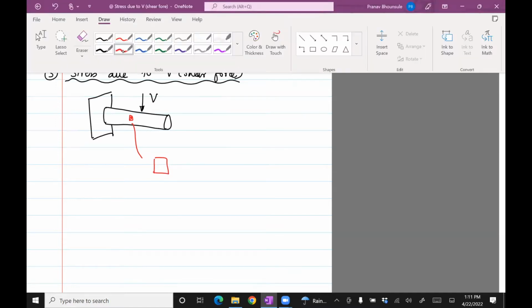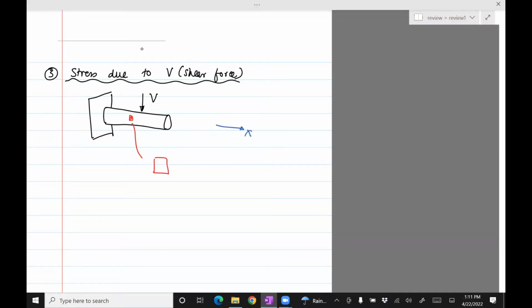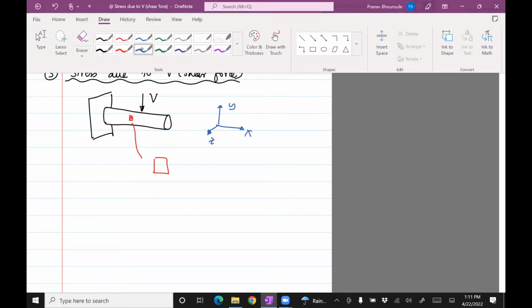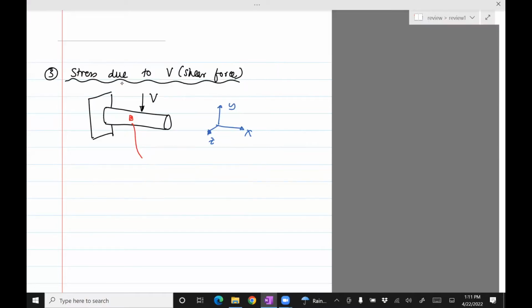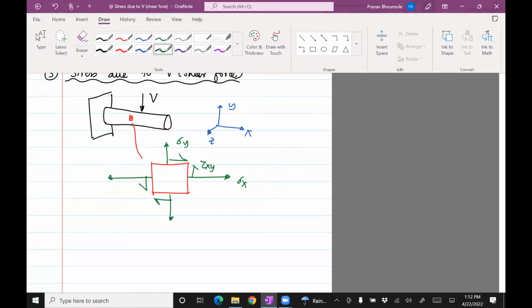Again, I'll draw the axis. X, Y, Z. Slightly bigger. So sigma x, sigma y, tau xy.